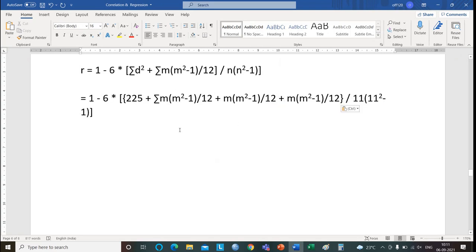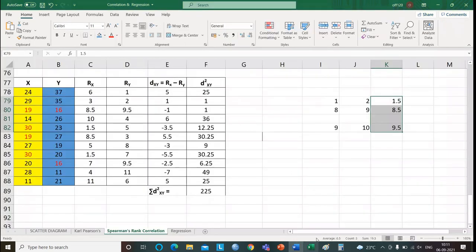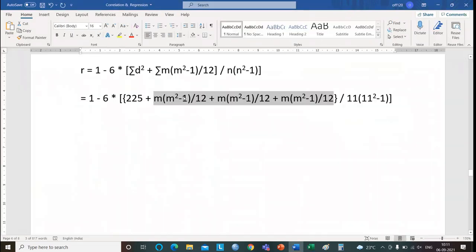Depending upon the number of times there is a tie between the ranks, this expression keeps on repeating. Let us suppose there is a tie 5 times, then we use this expression 5 times.